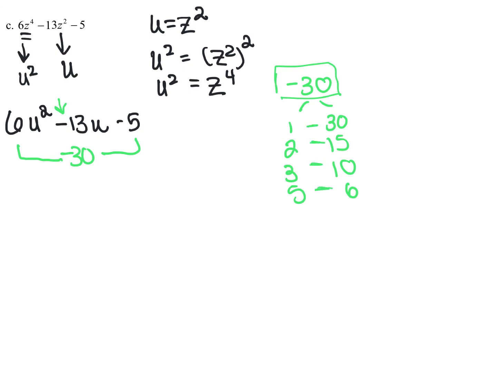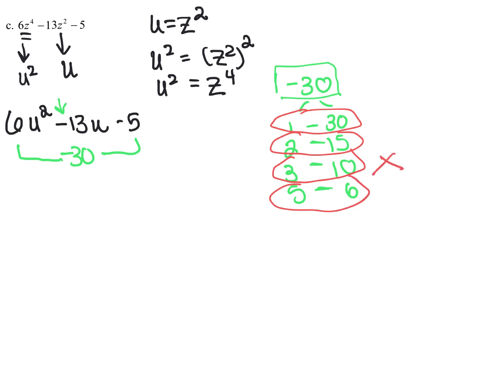If they added to make a positive, then the bigger one would be a positive. Pair, pair, pair, pair. Although 3 and 10 are very tempting to make the 13, those will not make it because 3 plus negative 10 is actually negative 7. So it's this pair right here that I want.